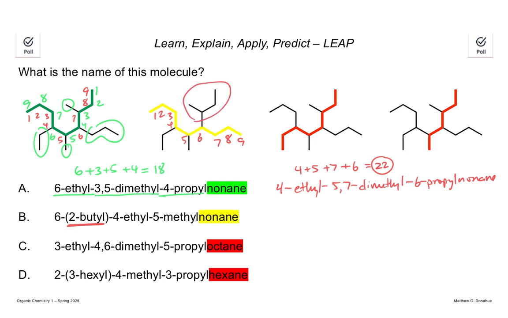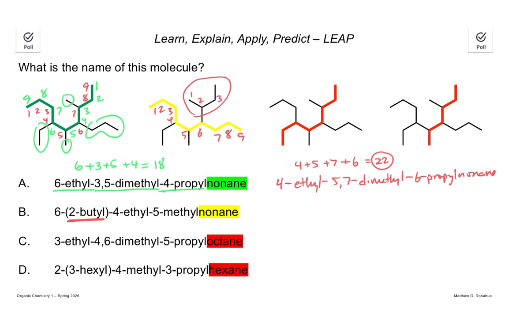Because of that substituent coming off, it says 2-butyl. And so what does that mean? You have a separate set of numbering on that chain, 1, 2, 3, 4. The 2 in there refers to that 2.